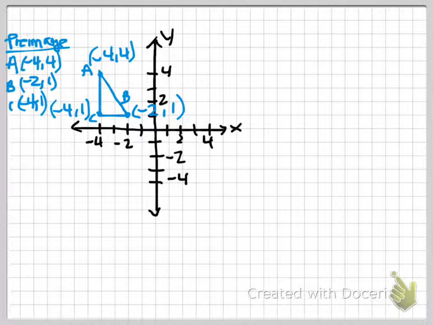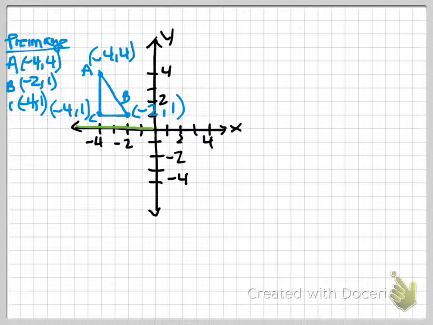Okay, so now what I want to do is I want to take that image and I want to flip it. And my line of reflection is going to be the x-axis. Okay, so what I want to do is take that shape, not slide it so it stays in the same position, but I want to actually flip it.